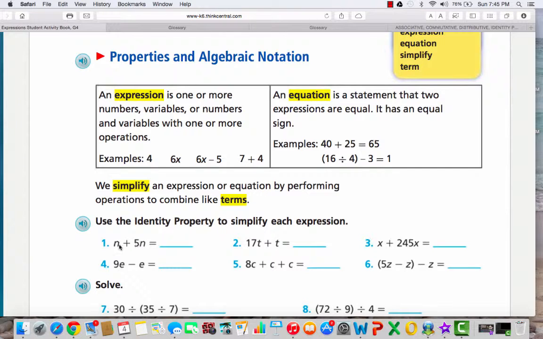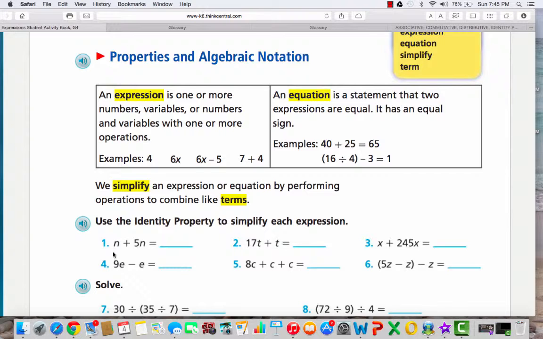So when we add n plus 5n, there's always in front of the n a 1. The reason they don't write the 1 in front of it is because in math it is a given.